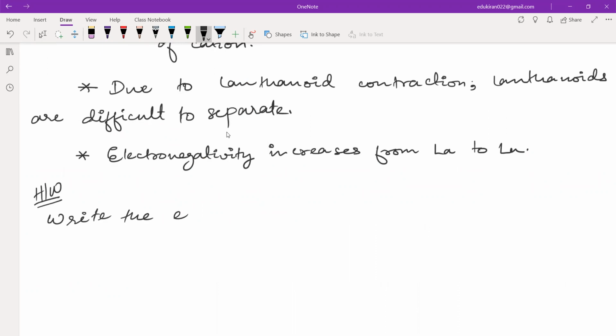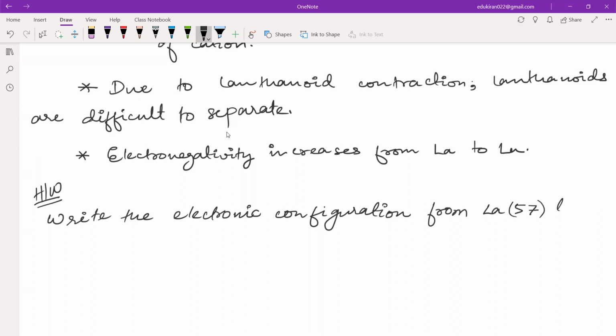Write the electronic configuration from lanthanum, which will be how much? 57, na? 57 to lutetium. What will be the atomic number for lutetium?